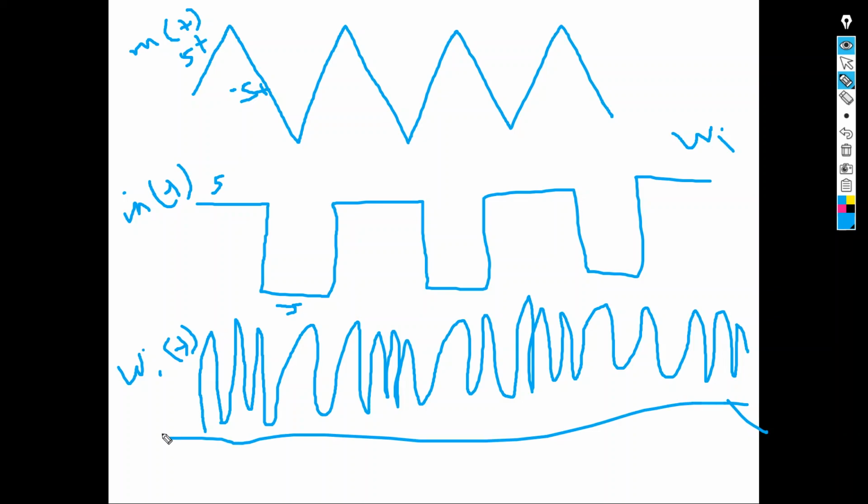I can ask you, what's the maximum frequency that this signal can carry? And what's the minimum frequency?